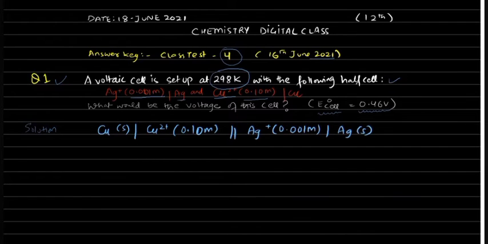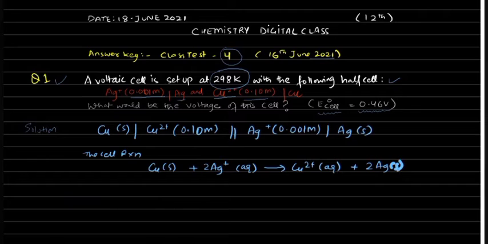If we write the cell reaction, you know very well, copper solid plus 2 silver ions aqueous converts into Cu2+ ion aqueous plus 2 silver solid.